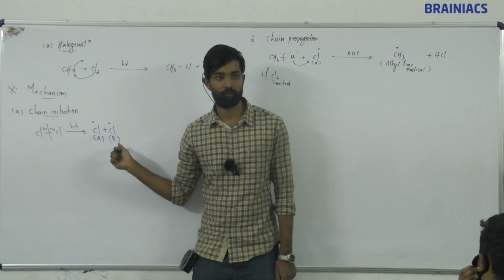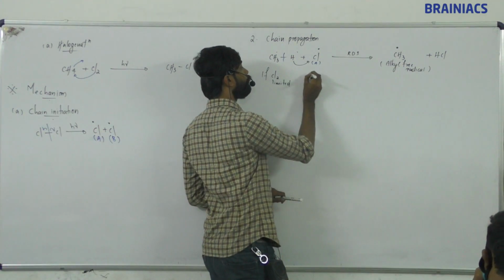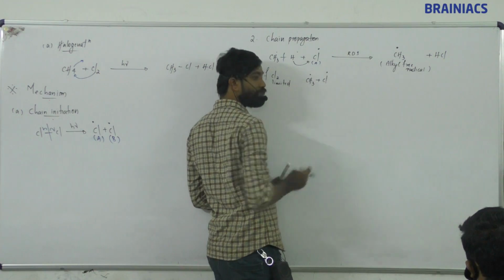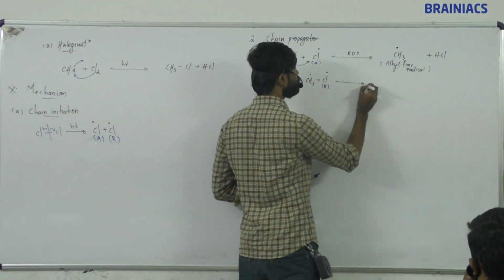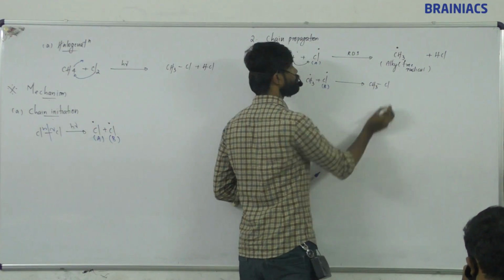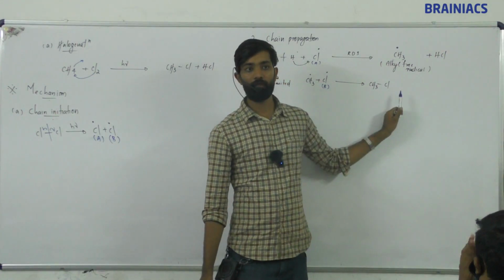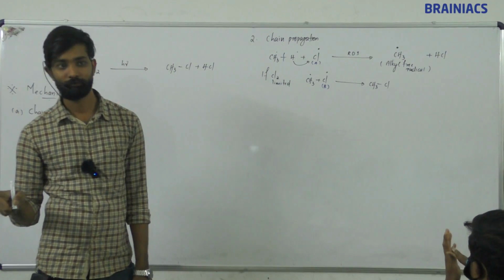Where Cl B is there. Then CH3 radical reacts with Cl B to form CH3Cl. So first it forms HCl, then CH3Cl, if chlorine is limited.